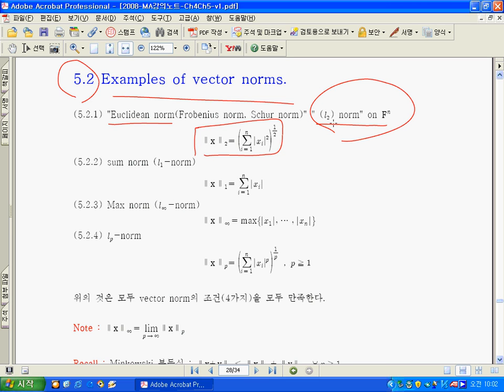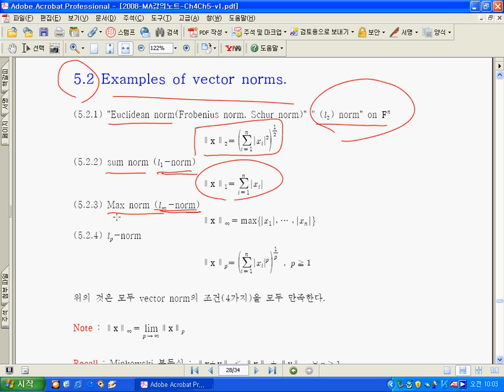Okay? And this sum norm, also called the L1 norm, is defined in this way. Summation of the absolute values of xi.